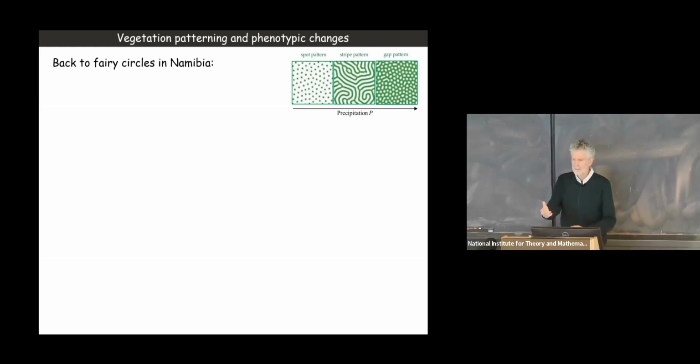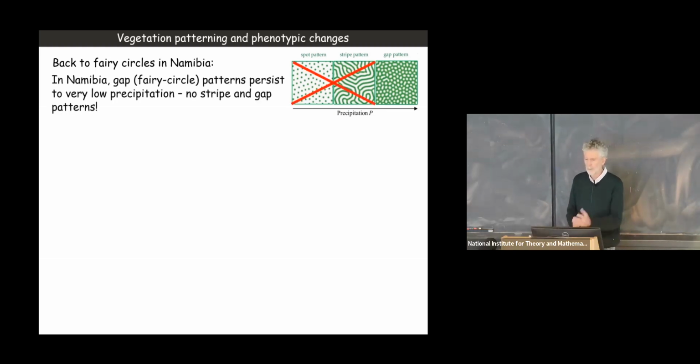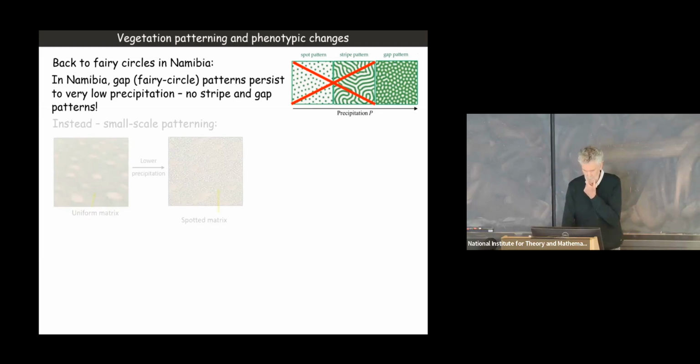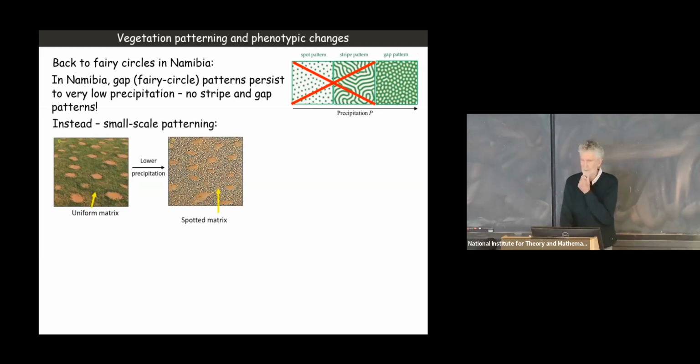We discussed this sequence of morphologies in 2 dimensions: gap patterns, stripe patterns, and spot patterns. But in Namibia, we see only gaps. We don't see large-scale spots, nor large-scale stripes. Instead, what we see is small-scale patterning within the vegetation matrix, in between the fairy circles, as precipitation drops.